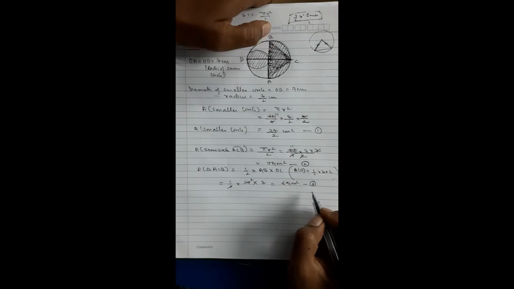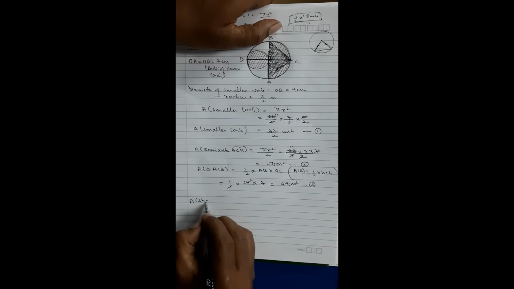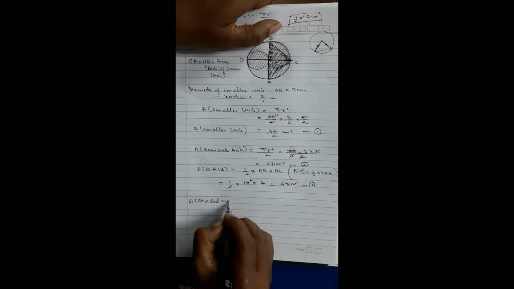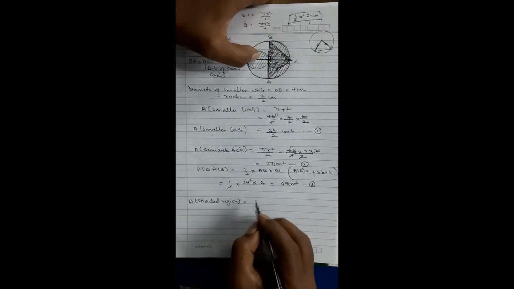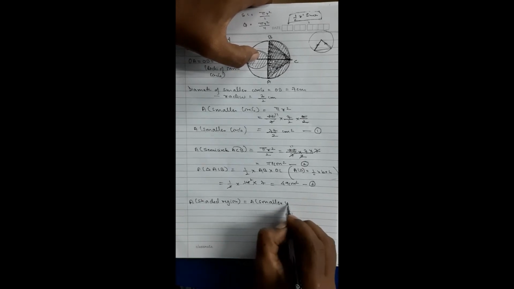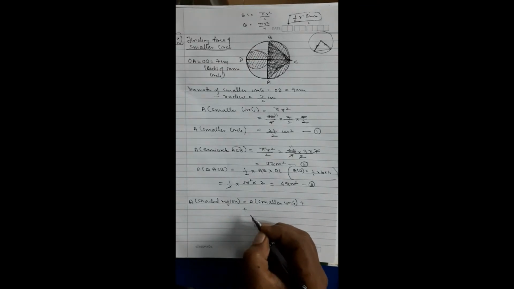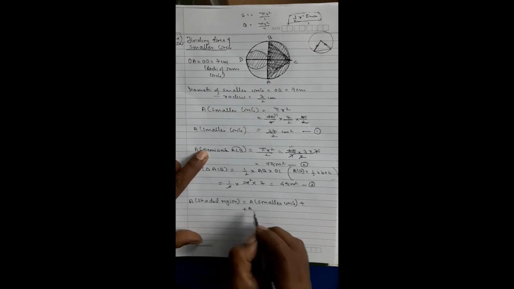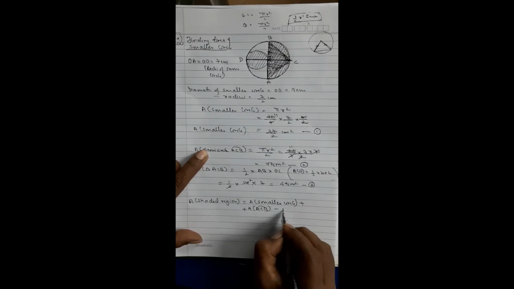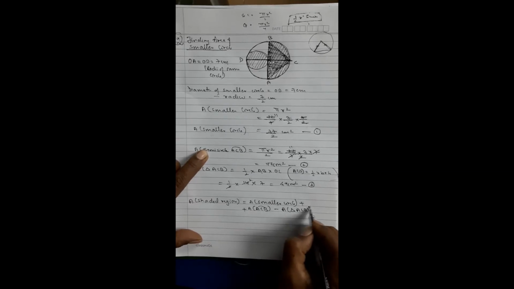So now we can do one thing, the area of the shaded region, we can directly go for that now, is equal to the area of the smaller circle, this is definitely going to be there, plus area of semicircle ACB minus area of triangle ACB.